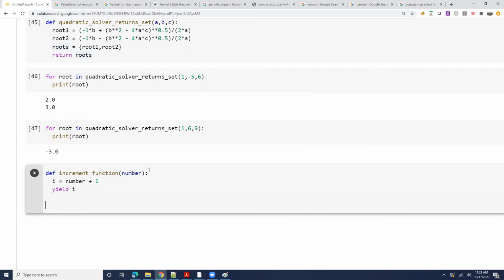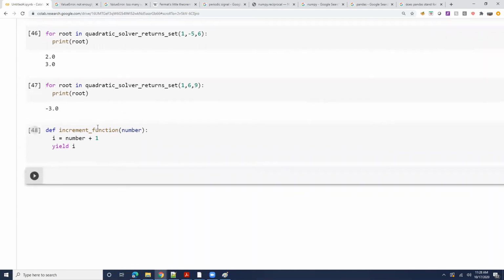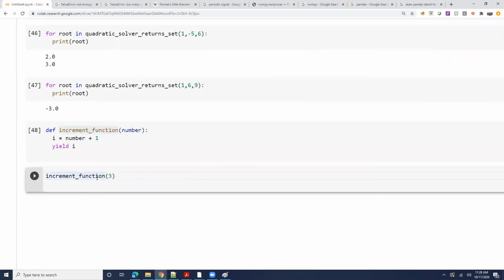Instead of return of i, I say yield of i. Let's call this function once. It looks very simple, like it's just doing plus 1 and then returning it. So if I call this function once by passing a 3, what should be the output?